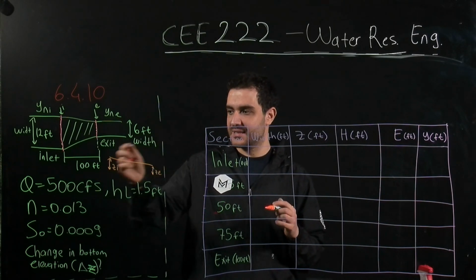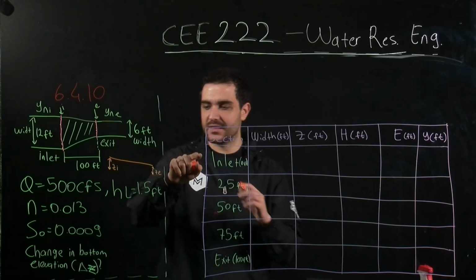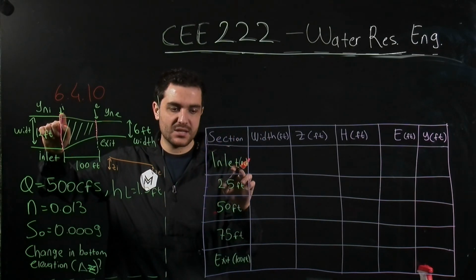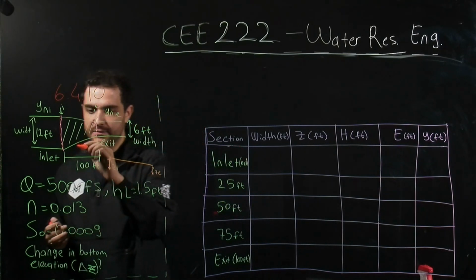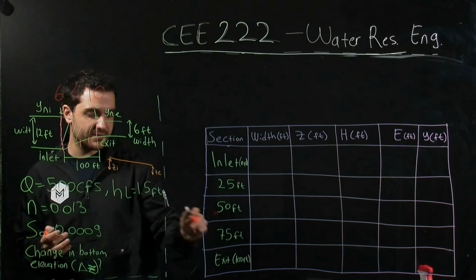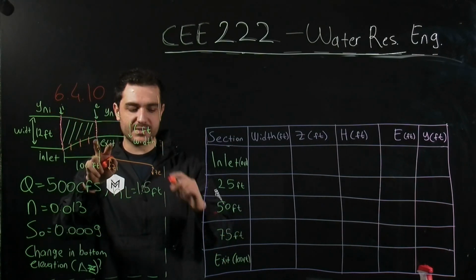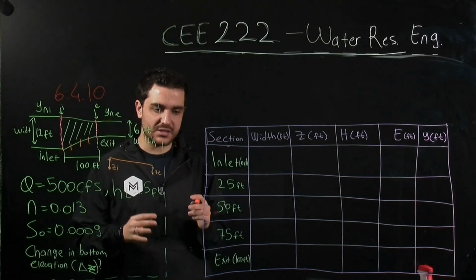We divided this transition channel into 5 sections. So we have the inlet here, which is 0 feet, and let's say 25, 50, 75, and the exit, which is 100 feet, the exit of the transition channel.